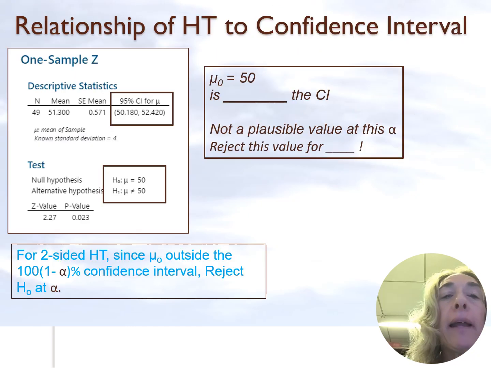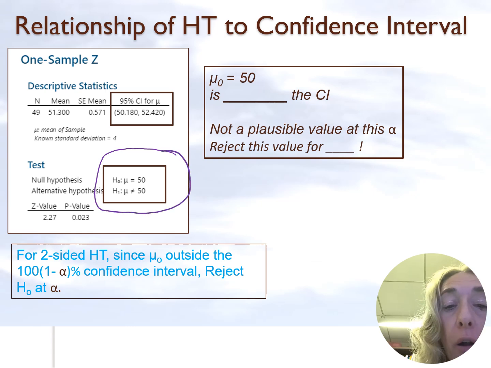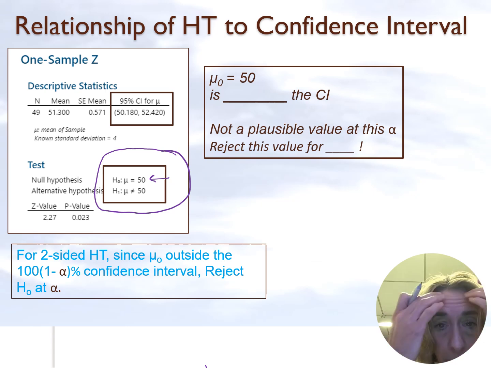All right, let's talk about the relationship of a hypothesis test to a confidence interval. Let's say we have the following null and alternative hypotheses. The null is that mu is 50. The alternative that directly opposes it says that it is not equal to 50.